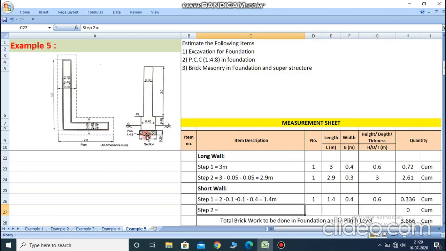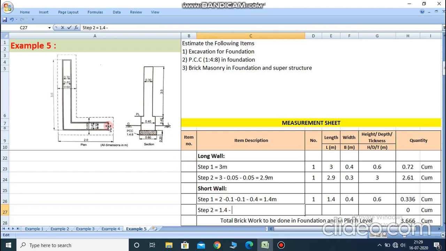Now we calculate step number 2 for the 0.3 meter width and 3 meter height brickwork. So here 1.4 meter length is calculated for this part. Now this portion is already calculated, so here directly we subtract the part from 1.4.